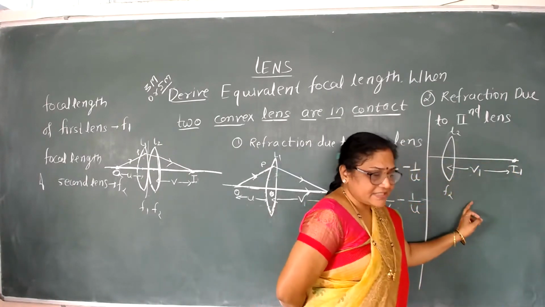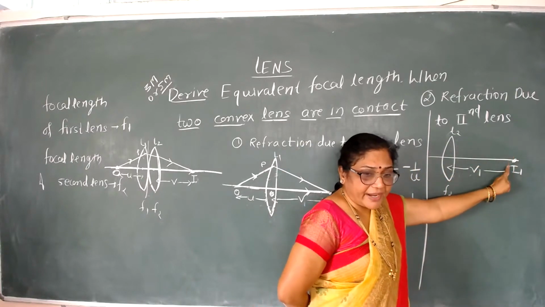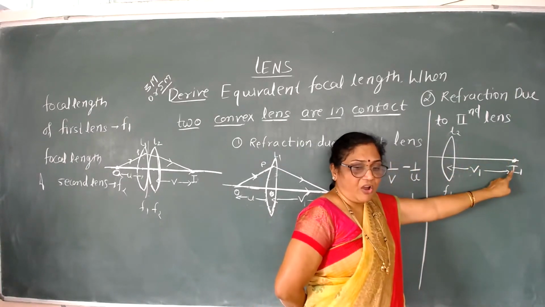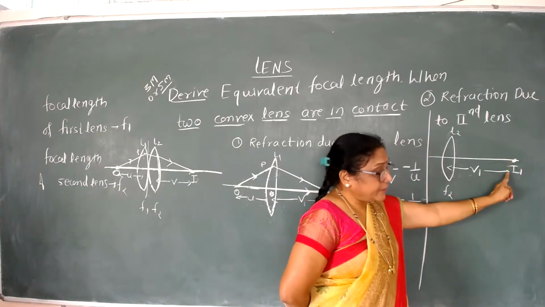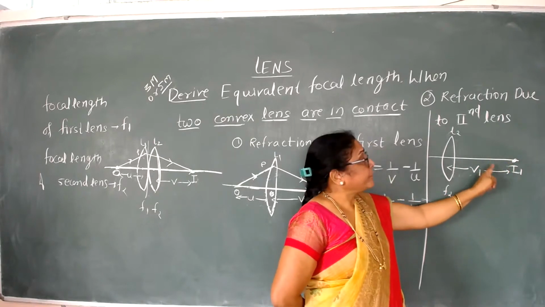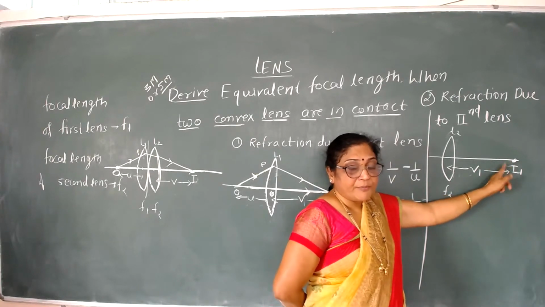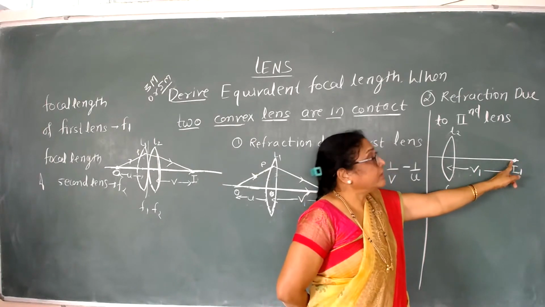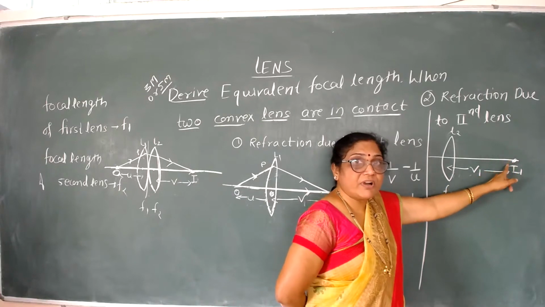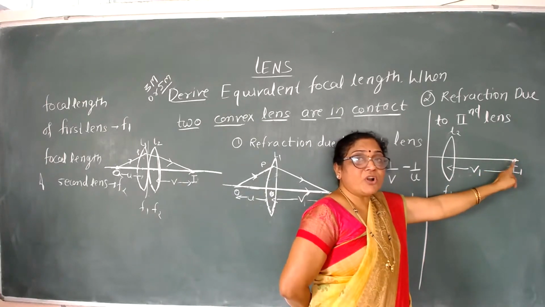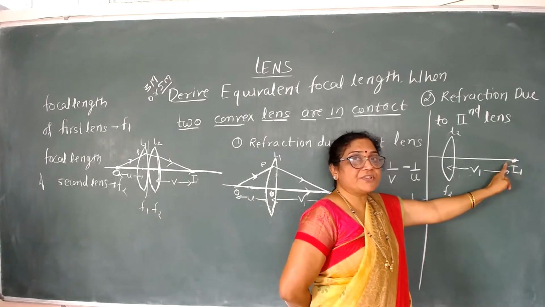In the second case, the image found due to the first lens works as an object. But this is not a real object. This object is known as a virtual object because it is an image due to the first lens.